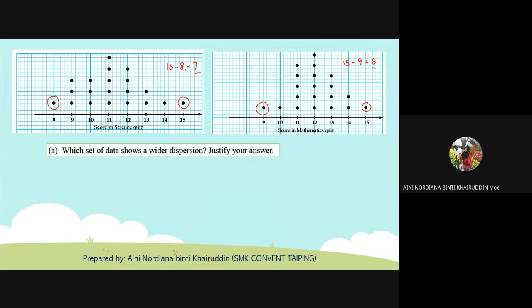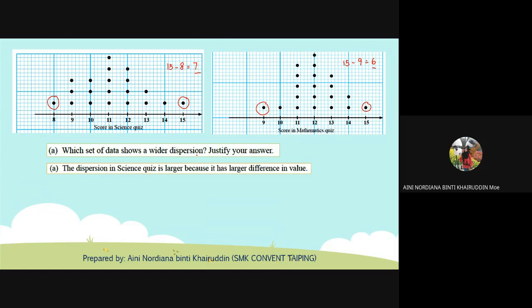So yang mana yang lebih besar the range, the wider the dispersion. So answer, the dispersion in science quiz is larger because it has larger difference in value. So jawapannya adalah science quiz. So kalau soalan tu tanya wider dispersion, your answer depend on range. Lagi besar range, lagi wider the dispersion.